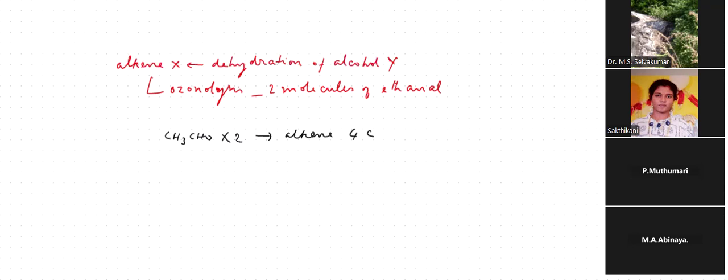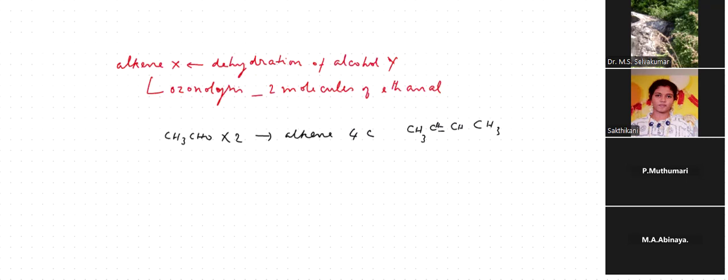As 2 ethanals are given, automatically it is understood that the double bond is present between 2 and 3, symmetrical. So C, C, C, C. It has to be broken equally in half. So the double bond is here. So here is CH3, CH, CH, CH3. Only when such an alkene is present.